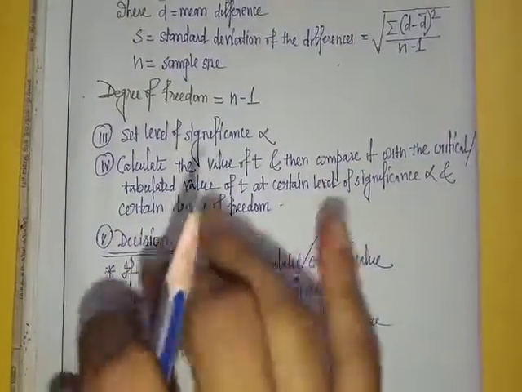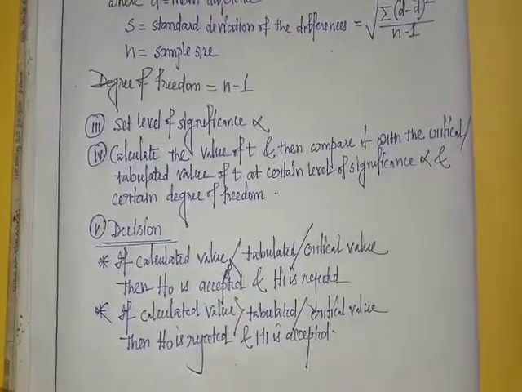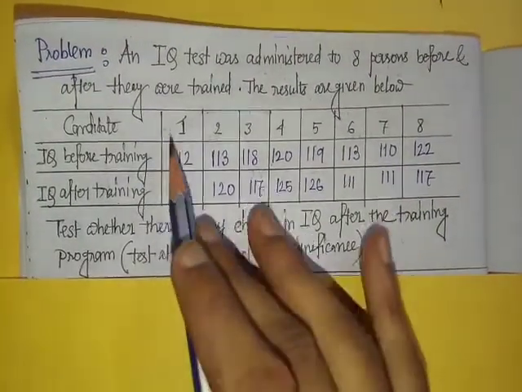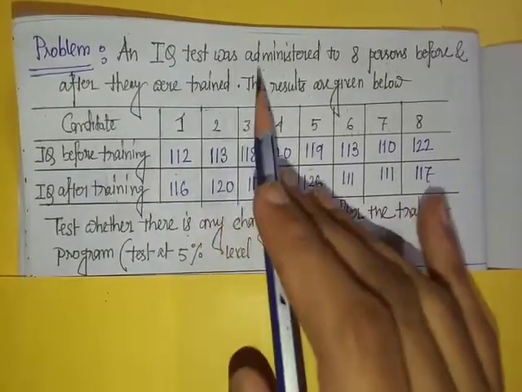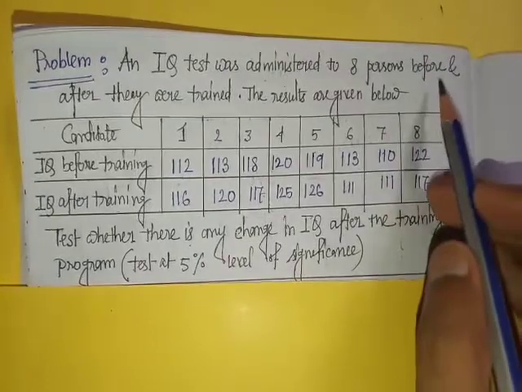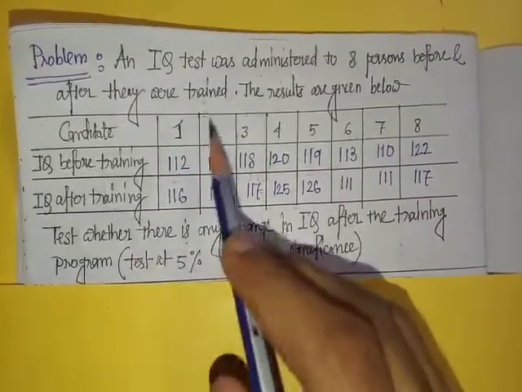Now we will solve a problem. An IQ test was administered to 8 persons before and after they were trained.